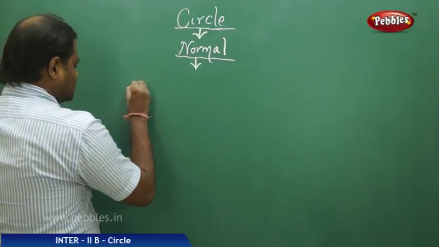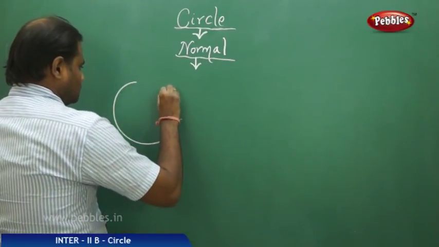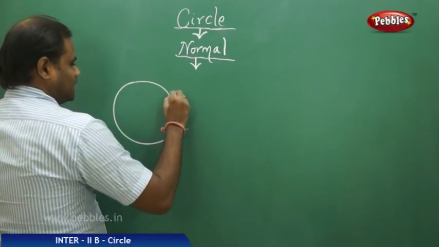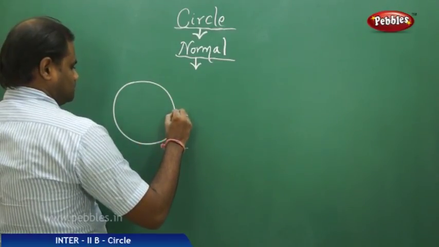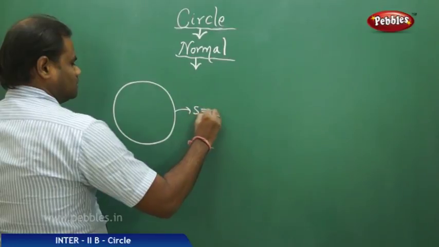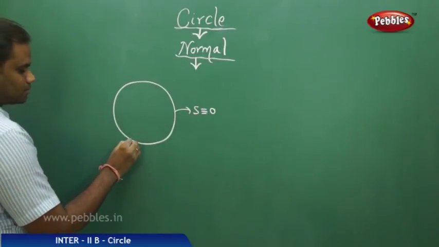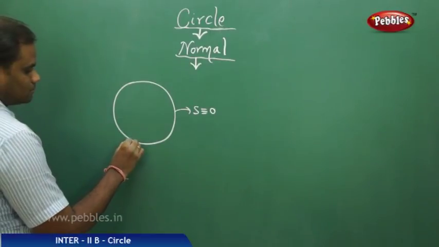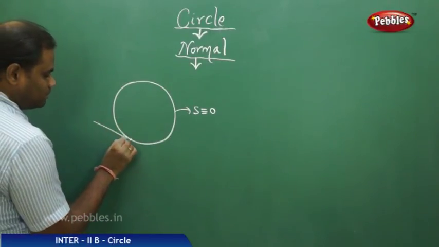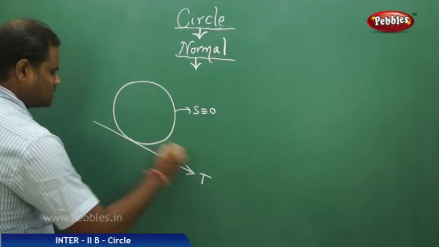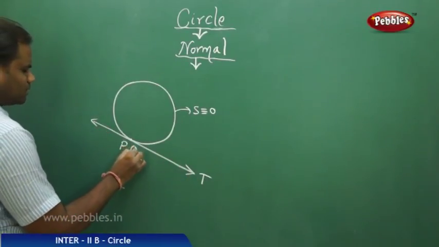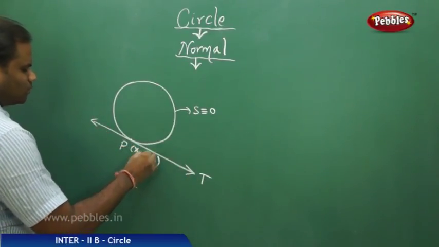So I have a circle S equals 0. For this circle, let me draw a tangent at P. So this is the tangent at P(x1, y1).